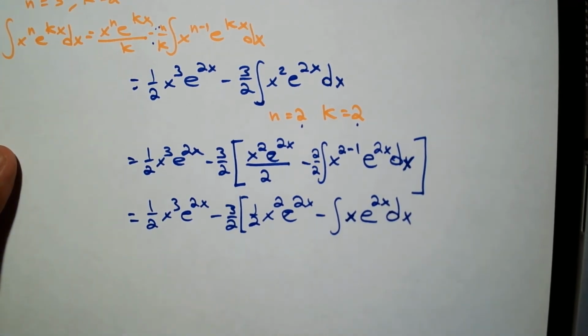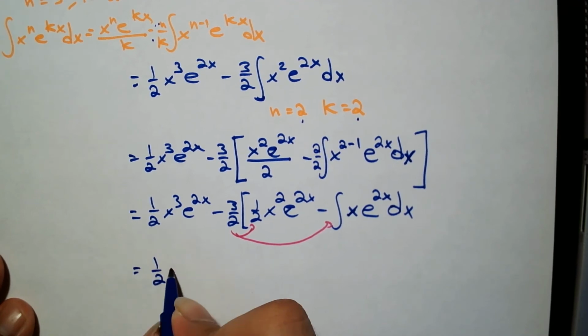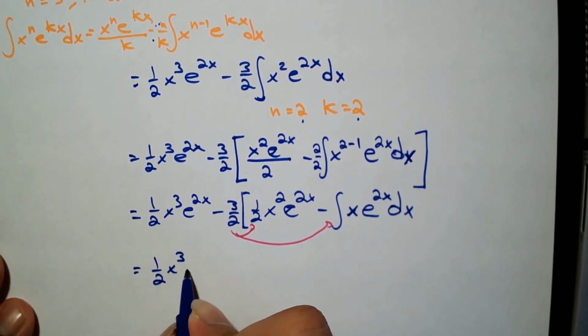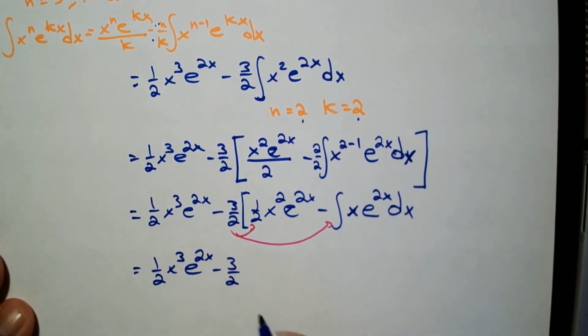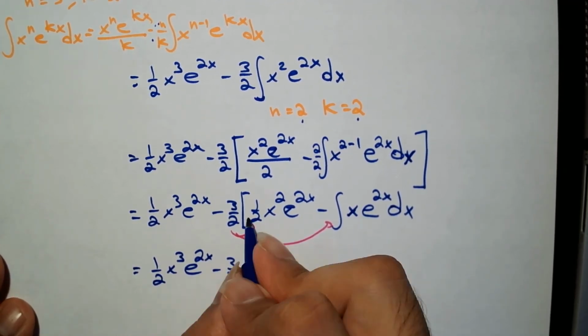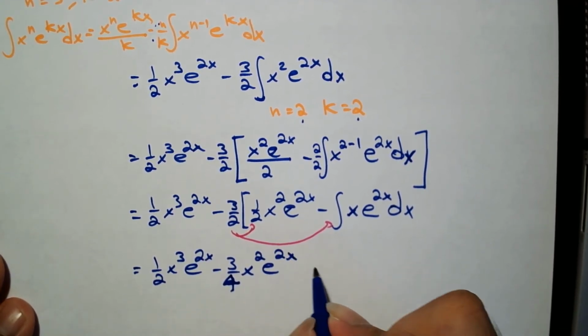So the next thing we will do here is distribute, but be careful with the signs here. Alright, so this is 1/2. We just keep writing this. That's actually 3/4, not 3/2. x squared e to the 2x.